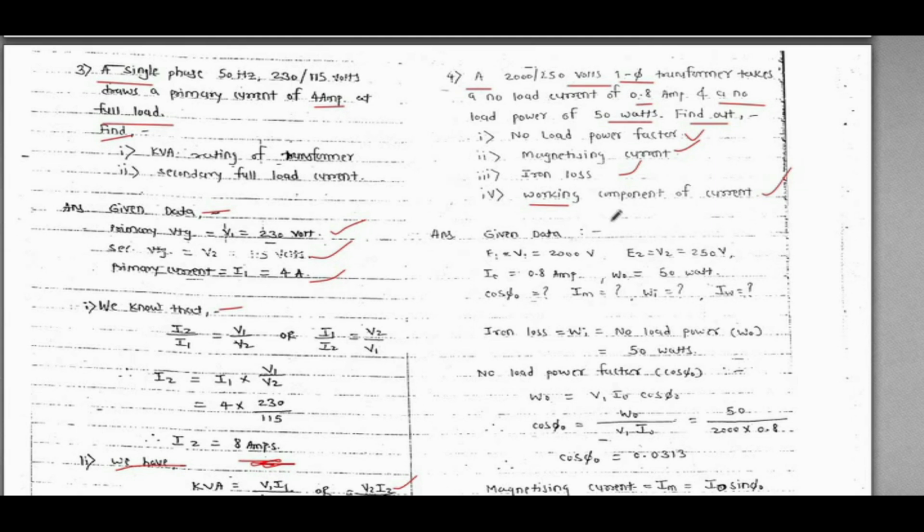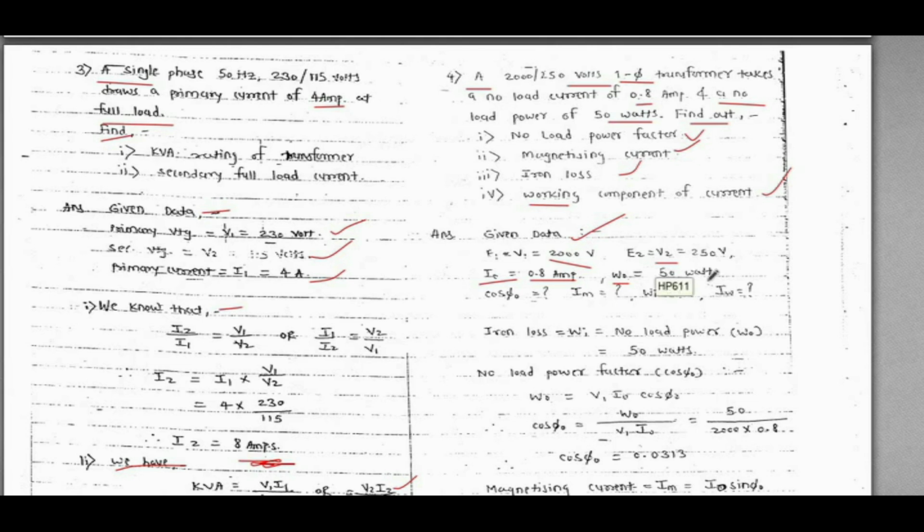First of all, write down the given data. E1 is equal to V1, 2000 volt, E2 is equal to V2, 250 volt. Then I0 stands for no load current, that is 0.8 ampere. W0 is 50 watt, the no load power.